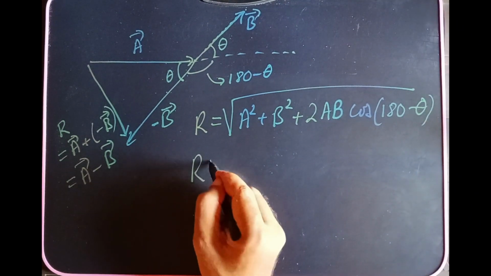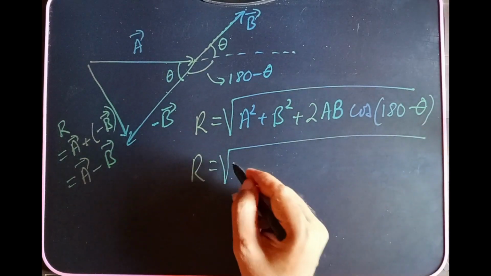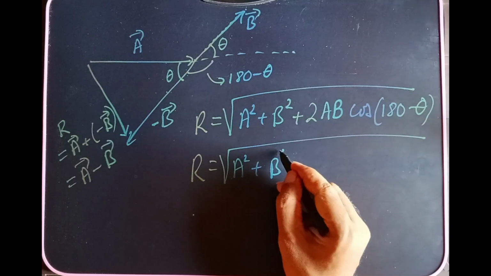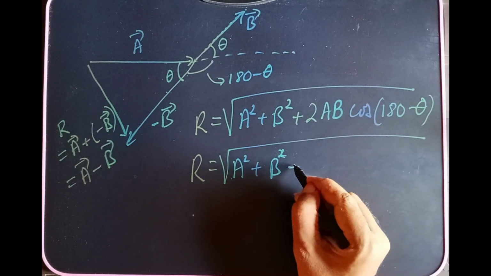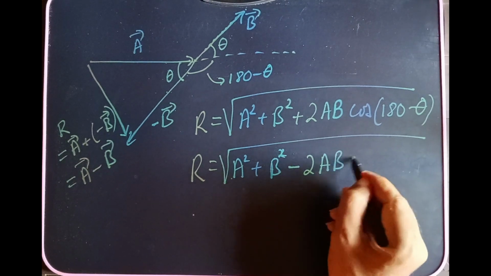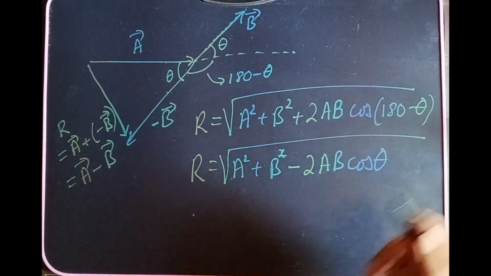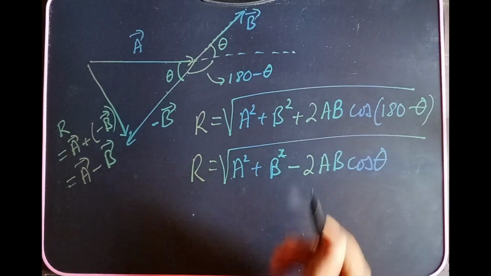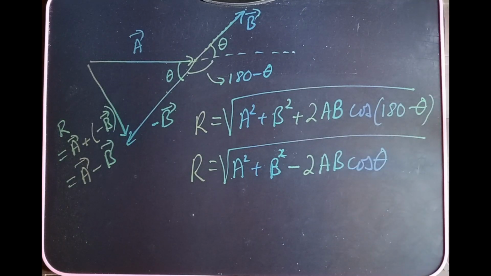So now R will become equal to the square root of A square plus B square minus 2AB cos theta. This is how we are supposed to do the subtraction of two vectors.